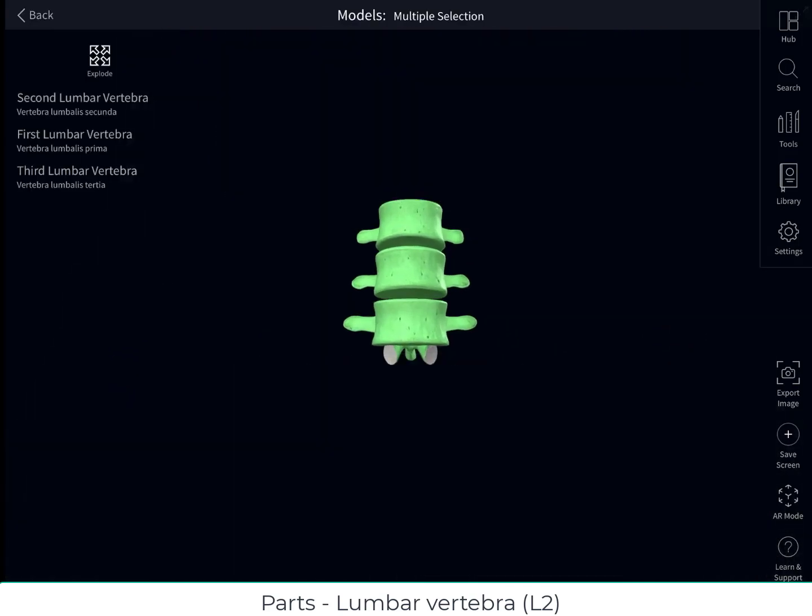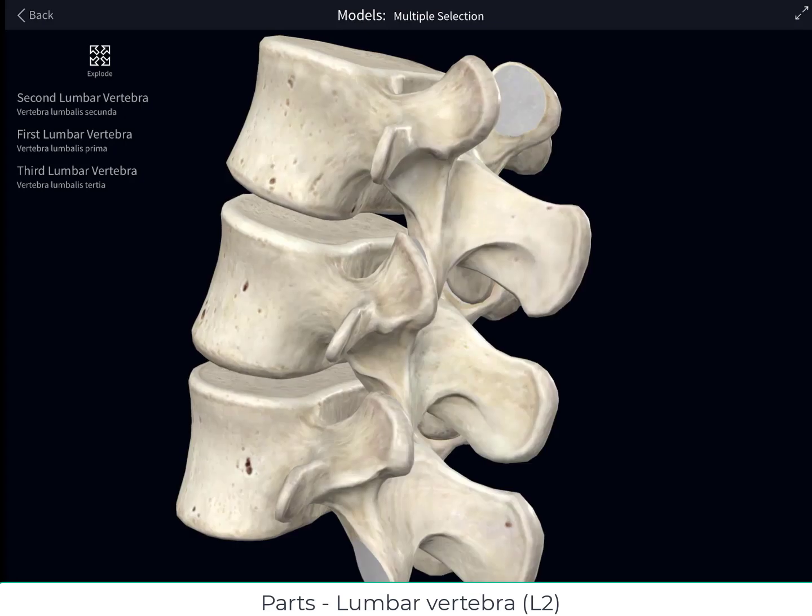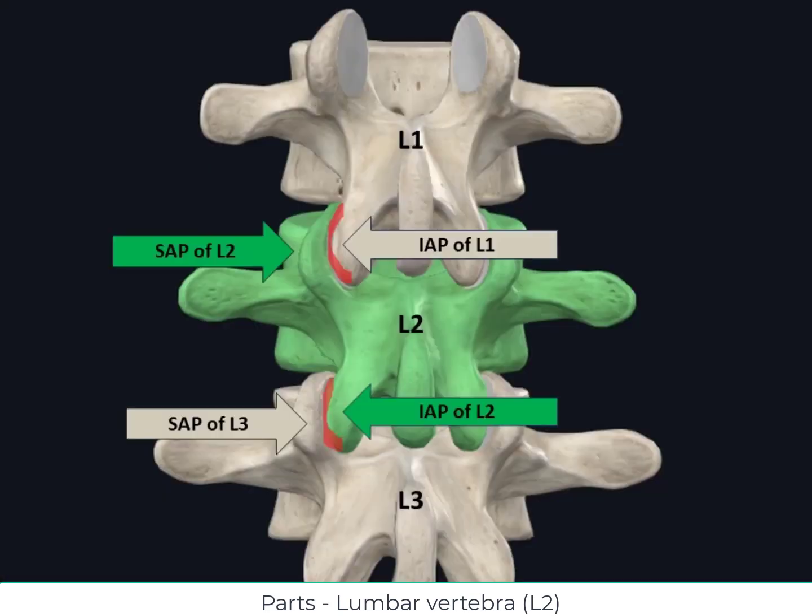Now let me choose multiple bones such as the first, second, and third lumbar vertebrae. Let me isolate them and show you how these articular processes communicate. As you can see, the second lumbar vertebra has superior articular processes, which communicate with the inferior articular processes of the first lumbar vertebra.